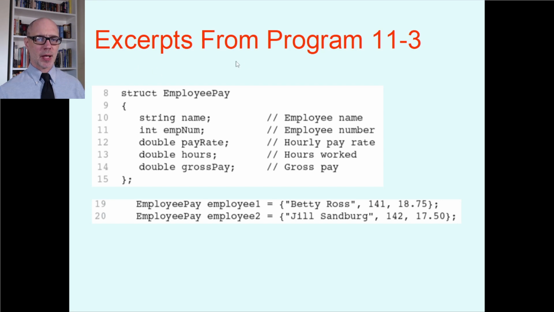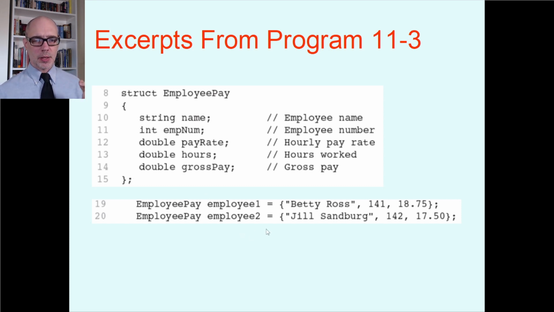So some examples of that. This is program 11.3 in the book, and they have a structure called employee pay. It's very similar to the one we saw last time, I think in program 11.1. So the employee pay structure has 5 members for name, employee number, pay rate, hours, and gross pay. That might be exactly the same as last time.